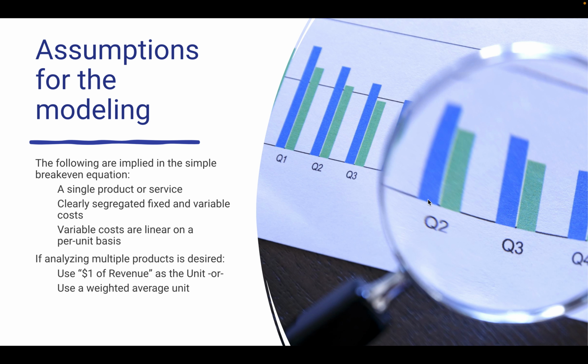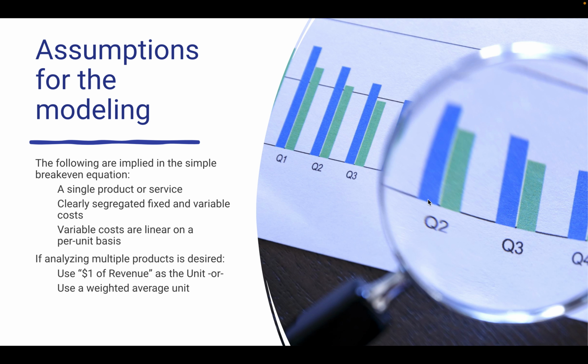We're looking at fixed costs and variable costs that can be clearly separated. Again, as mentioned in the slide before, that's sometimes not that easy. And variable costs are linear in this case, which means the more I produce, the more exactly in proportion my variable costs go upward.